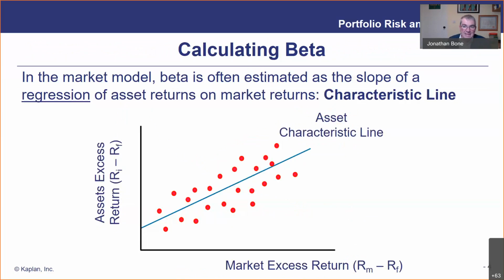We have our intercept, which of course is the excess return on our stock, independent of the return of the market. We have our beta. What I tend to find is candidates get highly confused between the capital asset pricing model, the security market line, and the asset characteristic line. The asset characteristic line is a regression.